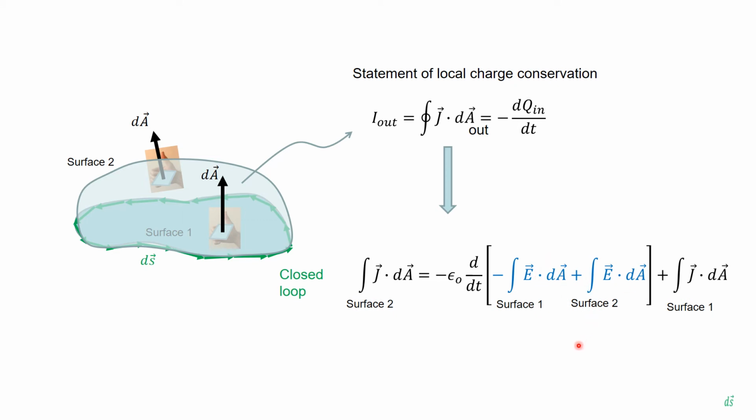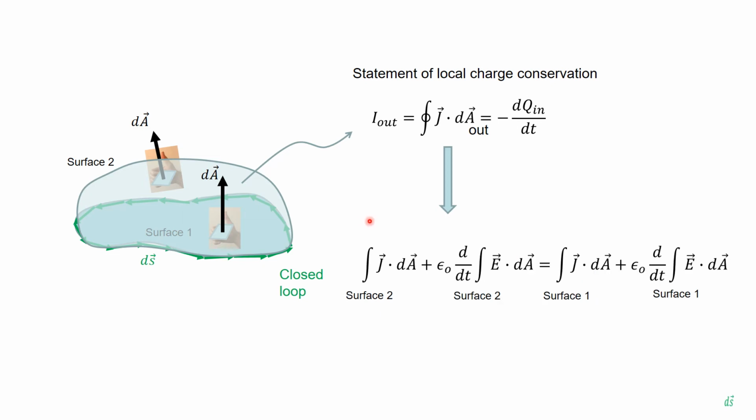Now you can see here how we can find the surface integral we're looking for. You have here integration over surface number 1 of J, and you have here integration of E dot dA through surface number 1. So let's keep those two on one side. Here you have integration of J dot dA through surface number 2, and here you have integration of E dot dA through surface number 2. So let's bring this one onto this.